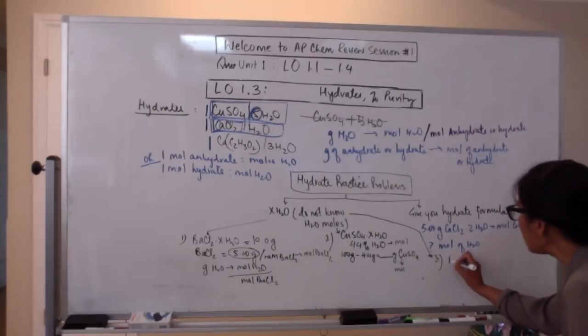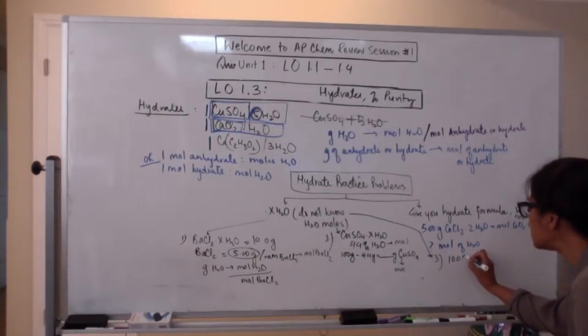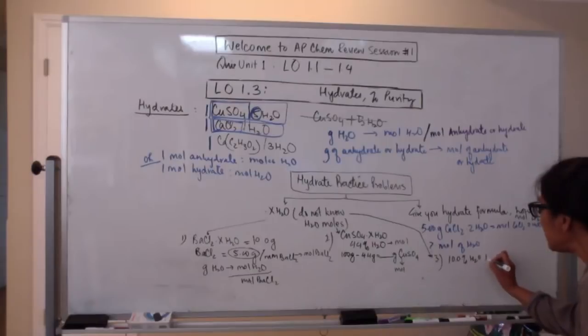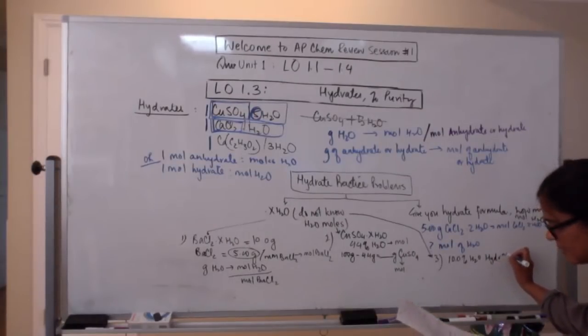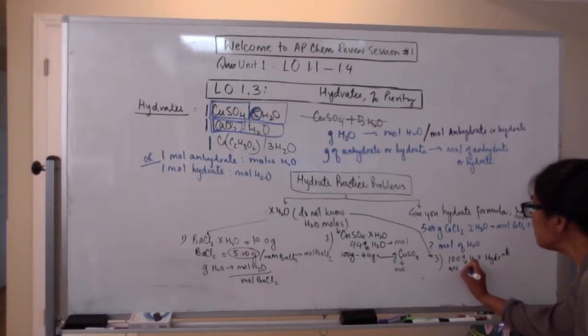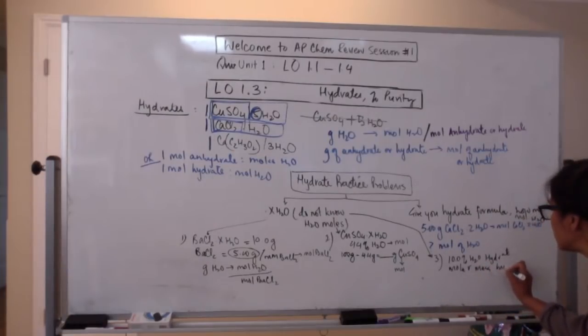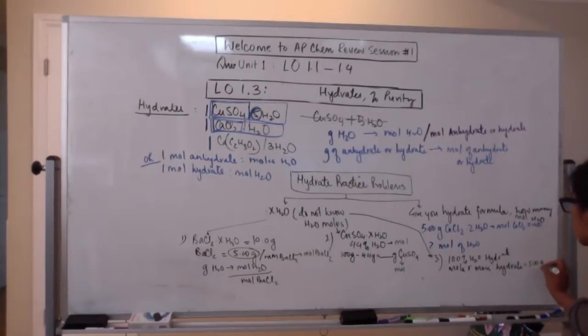The third way is they say that you have 10% of water in a hydrate. And then they say that the molar mass of the hydrate is, let's say, they'll give you some number, 500 grams. Now, how do you do this problem?